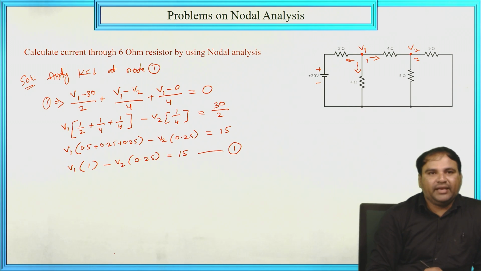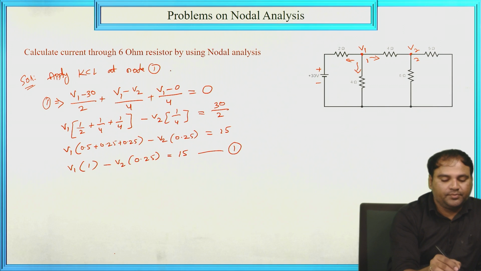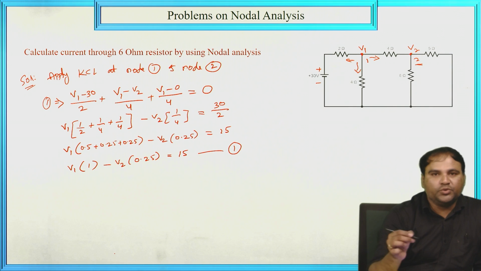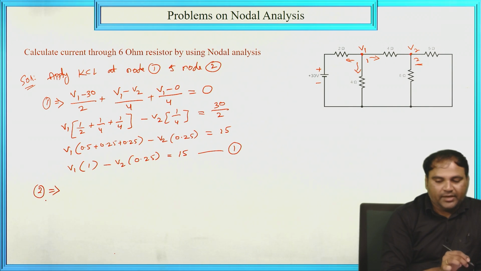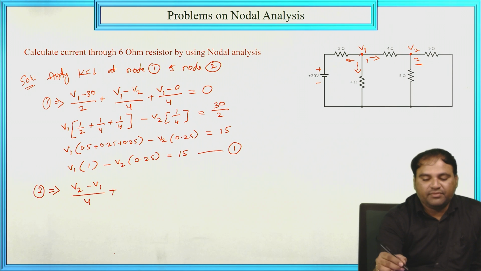Now apply KCL at node 2. So here is node 2. The second node equation is V2 minus V1 by 4 plus V2 minus V1 by 4 and here also V2 minus, there is no voltage source.